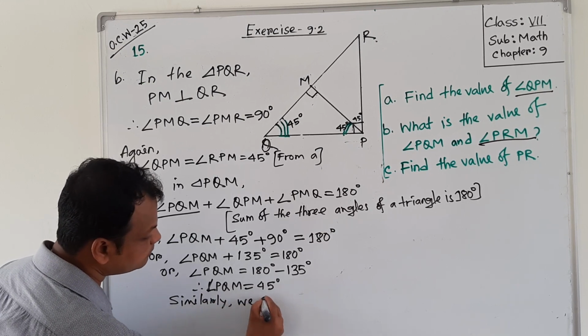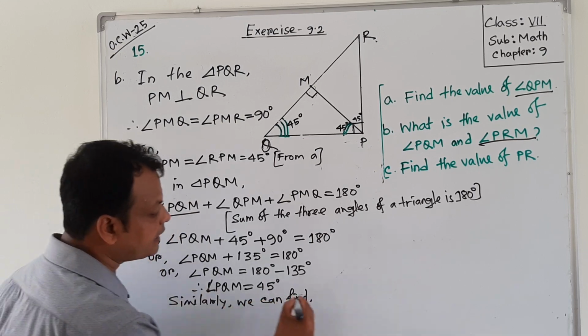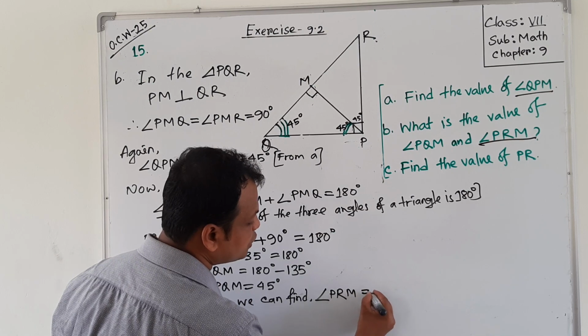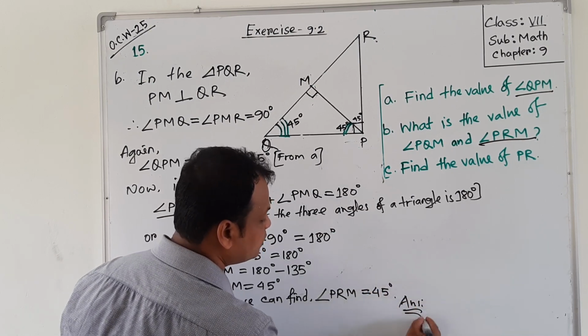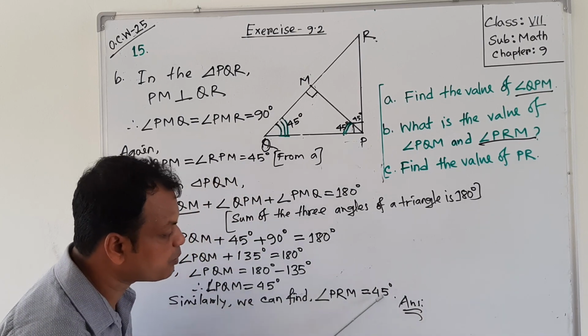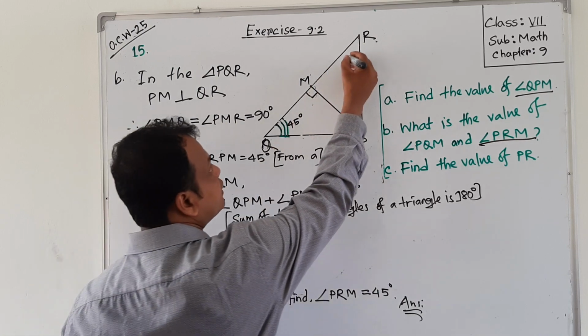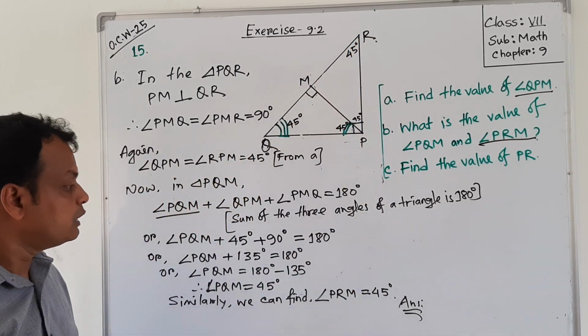We can find angle PRM equals 45 degrees. So these are the results: angle PRM equals 45 degrees and angle PQM equals 45 degrees.